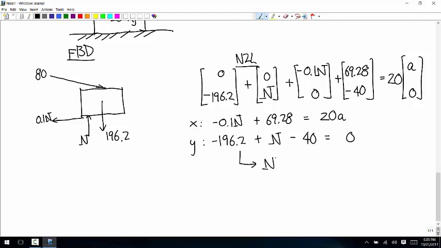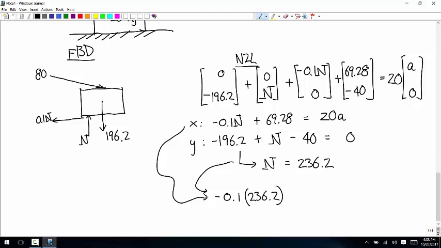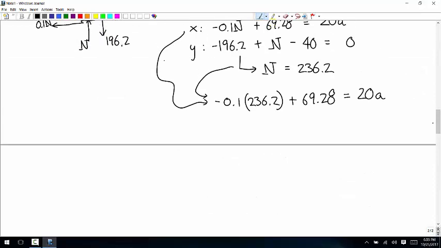So n up being what it was last time, 236.2. And then the x equation says negative 0.1 times 236.2 plus 69.28 is equal to 20a.